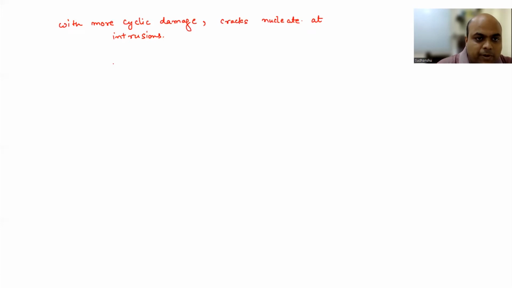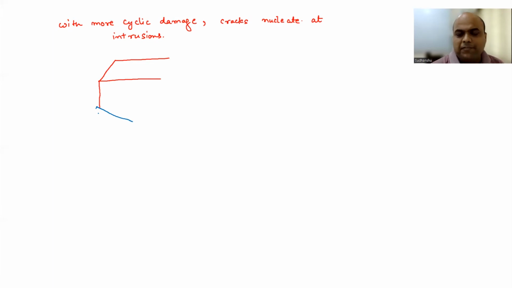Okay, so let's see, you have a sample, okay, and what you are going to form is persistent slip band, and in that you are going to have extrusion and intrusions. Okay? So it's going to be something like this. Eventually, I'm going to show you the microstructures or micrographs of all these persistent slip band, intrusion, extrusion, and later on I will discuss about beach mark, striation.